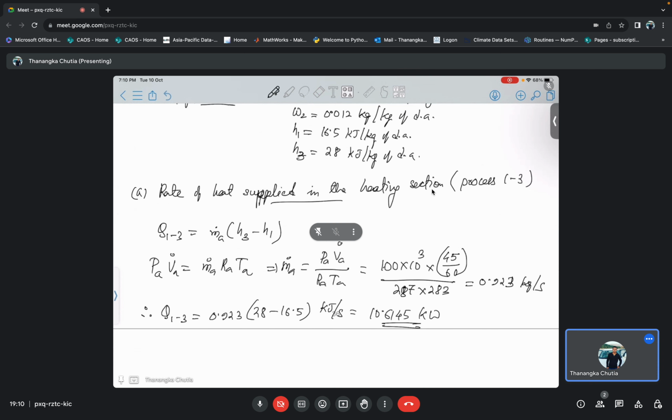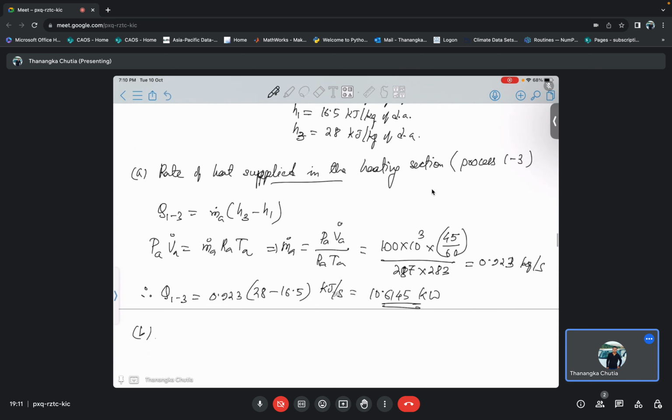Next is the mass flow rate of steam required in the humidifying section.